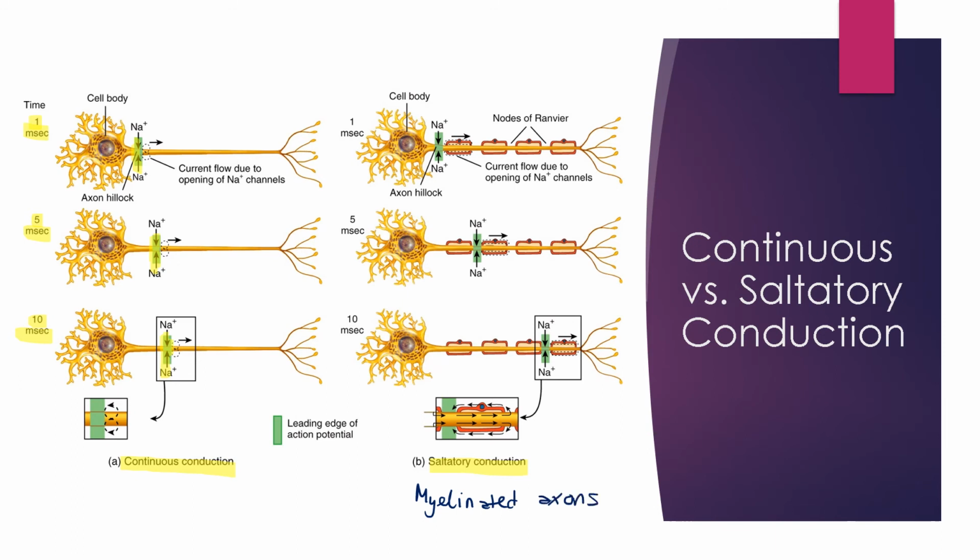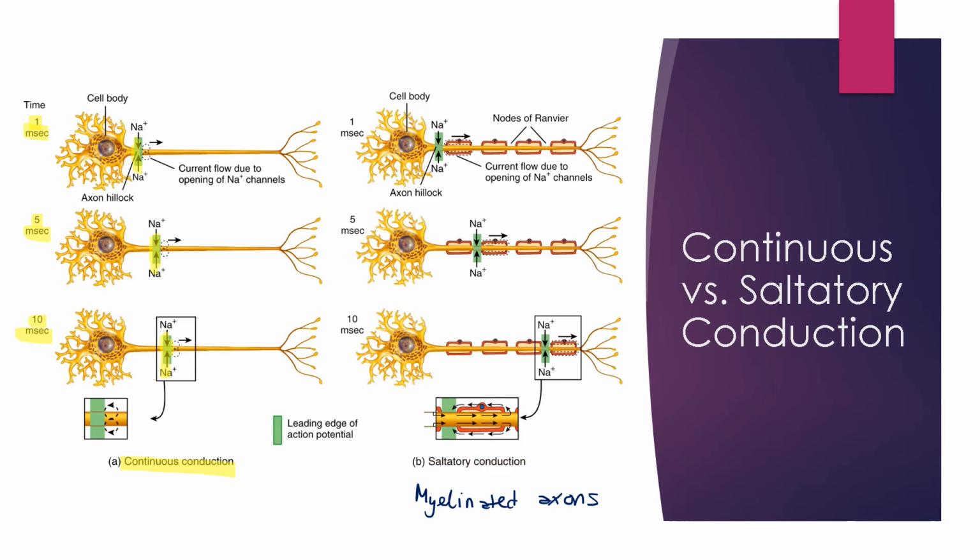So saltatory conduction is a special mode of action potential propagation that occurs along myelinated axons, and this is because of the uneven distribution of voltage-gated channels. Wherever there's myelin, as we can kind of see in this picture, there's going to be myelin in this area, the channels are going to be covered. They're completely covered by that insulating myelin, and so there doesn't have to be an action potential propagated there because they're covered.